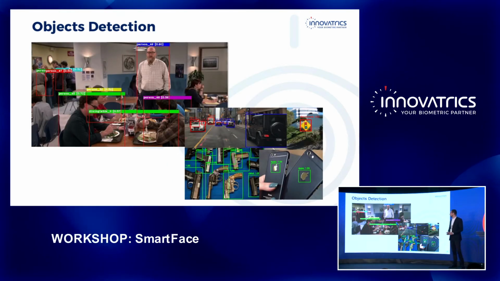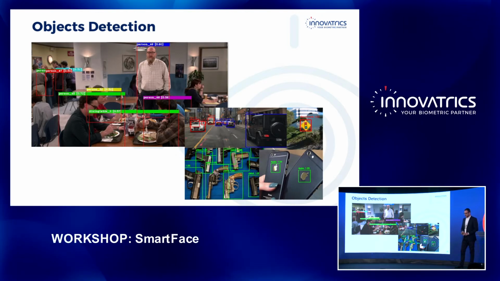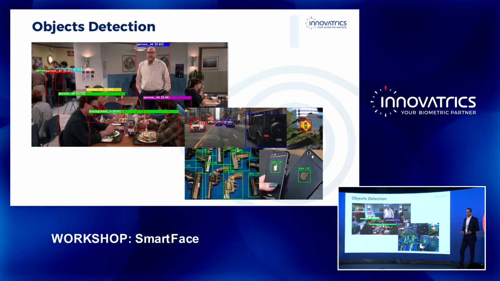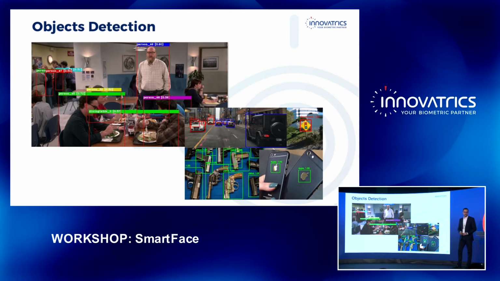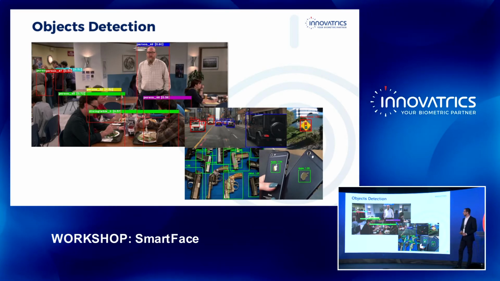Object detection, another important step ahead. The only reason why I do not want this on the roadmap is because then we will need to come up with a different name for the product. It's not going to be just about SmartFace, about the faces, but about other objects as well. And you can imagine the use cases.